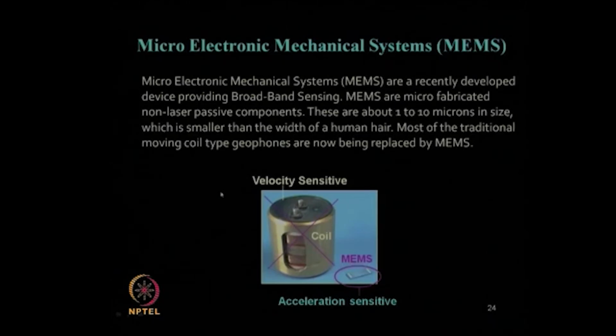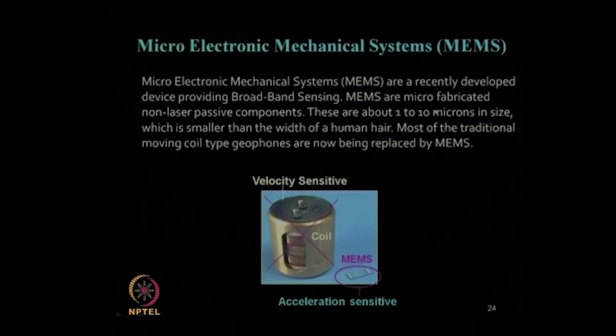Coming to another latest type through which these are measured, called MEMS. What is MEMS? Micro electronic mechanical systems. These are the latest development in this area. So, micro electronic mechanical systems, or MEMS in short, they are called. These are recently developed devices providing broadband sensing.